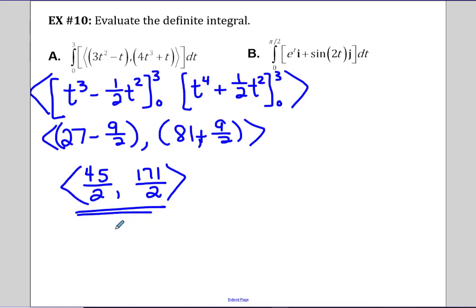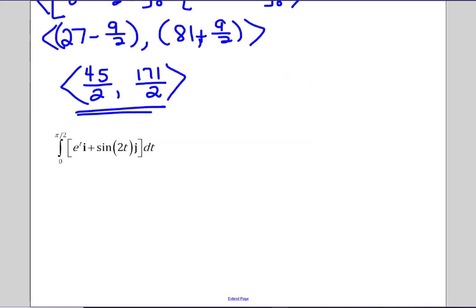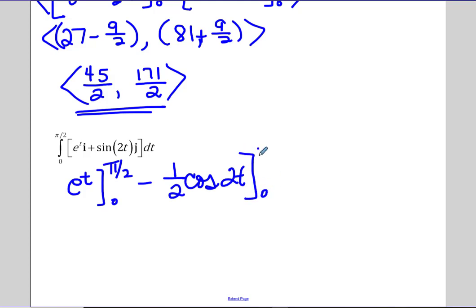In part B, we've got e to the t power from 0 to pi over 2, and this one is going to be minus 1/2 cosine 2t from 0 to pi over 2.